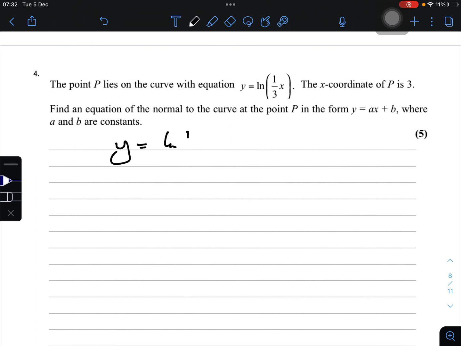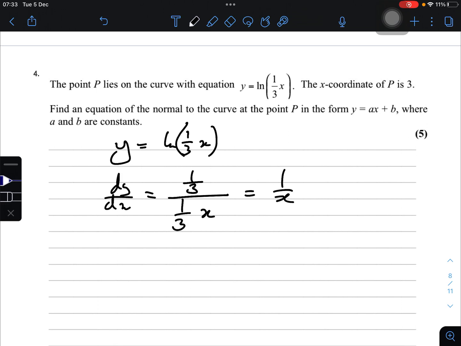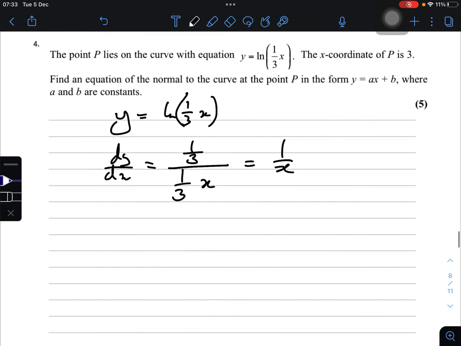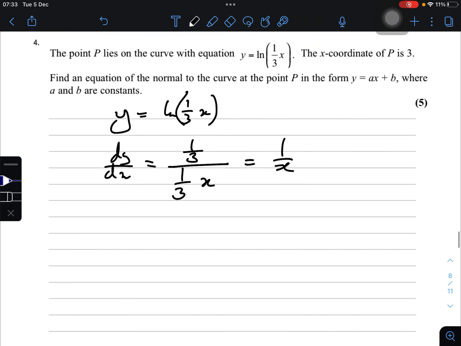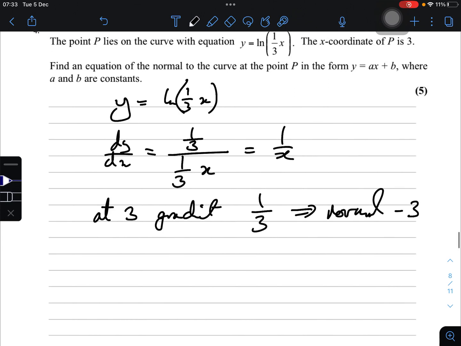So if we've got y equals ln of a third x, our differential, dy by dx, would be the differential of the inside of the bracket over the inside of the bracket, which is just 1 over x. We've done this prior to this. So at x equals 3, our gradient would be 1 over 3, implying the normal gradient would be negative 3.